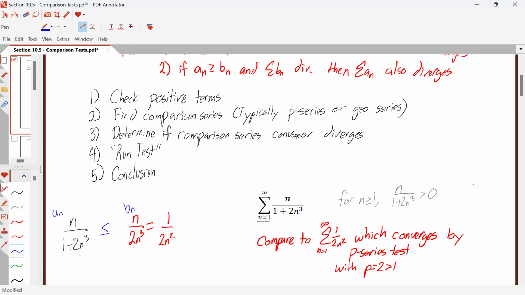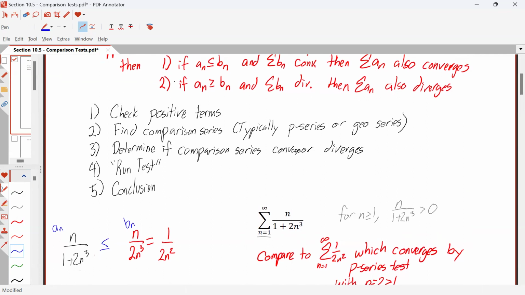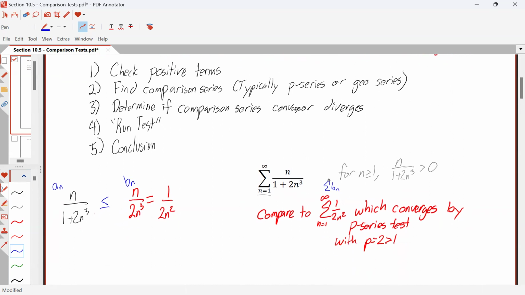This means we have this case of 1. We have an is smaller than bn, and the series of bn converges. So, since we have this first case, we can now make our conclusion that the series an also converges.